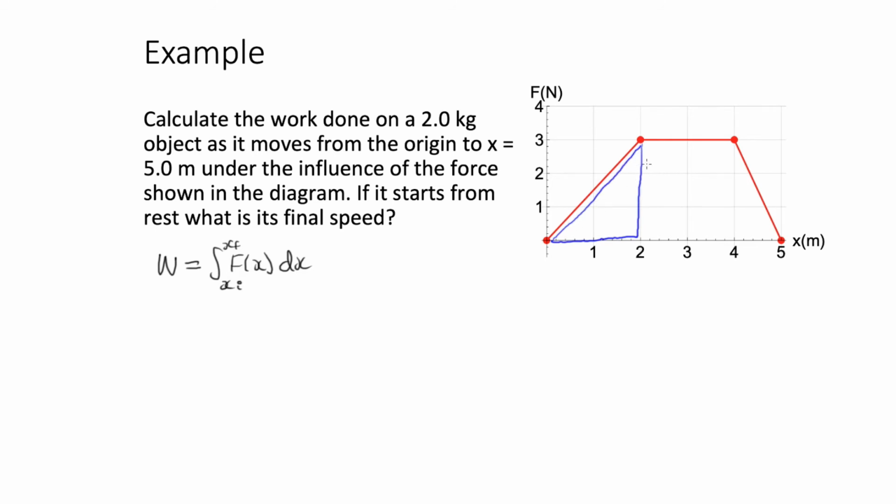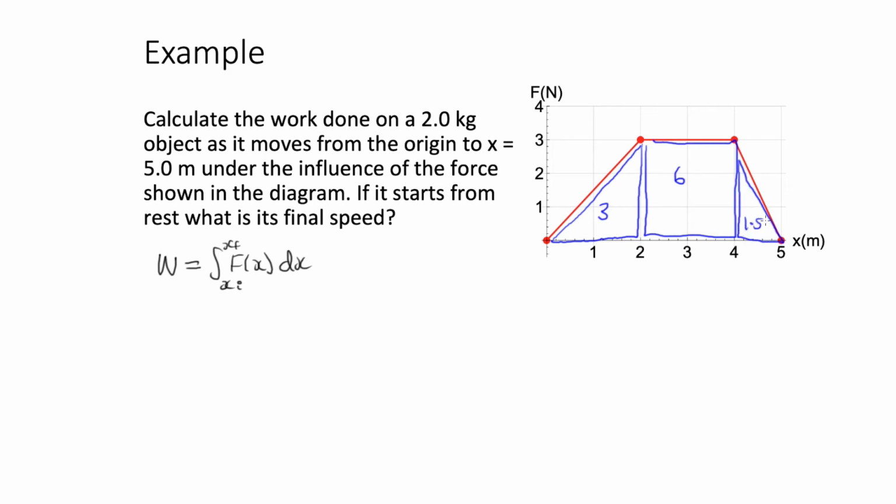So here we've got a triangle. The area of a triangle is half the base times the height. The base here is 2, the height is 3, so this has an area of 3. We've then got our rectangle here. Our rectangle has height 3 and length 2. So this has an area of 6. The area is in Newton meters. And then finally, we've got this triangle here, which has a length of 1 and a height of 3.